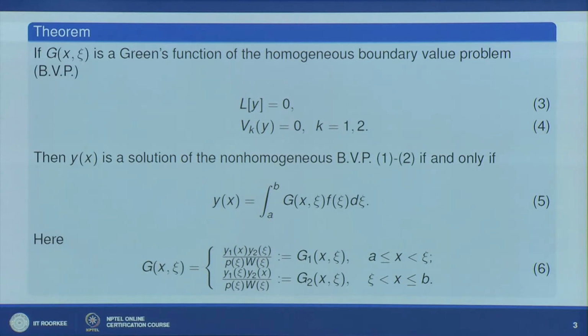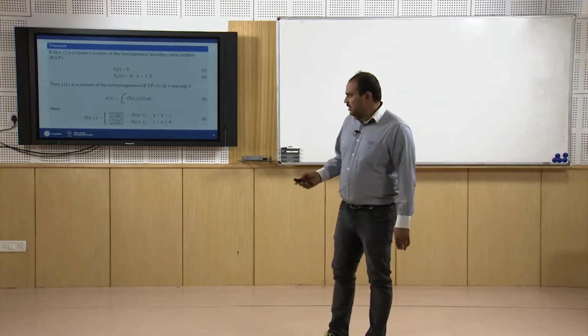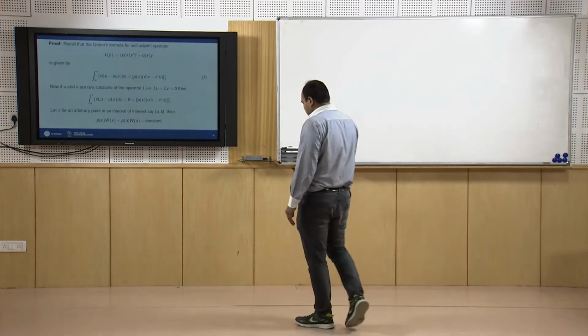And for our calculation purpose, we have denoted these as y1(ξ) and y2(ξ). And here the term in the denominator, p(ξ) W(ξ), is basically a constant, independent of ξ and x, which we can prove by this result.